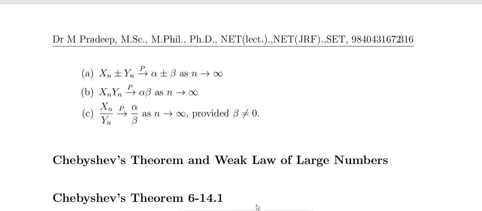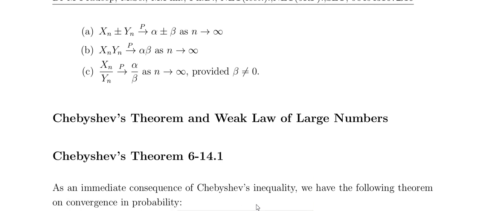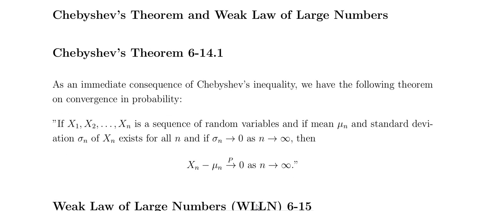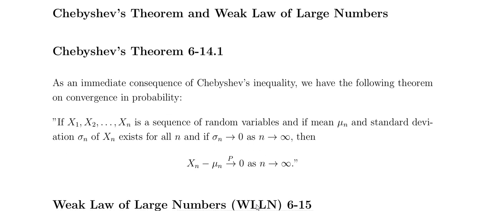That is, if xn converges and yn converges, then their product and quotient also converge. And Chebyshev's theorem and the weak law of large numbers are also in your syllabus. The following theorem on convergence in probability is the immediate consequence of the Chebyshev inequality.